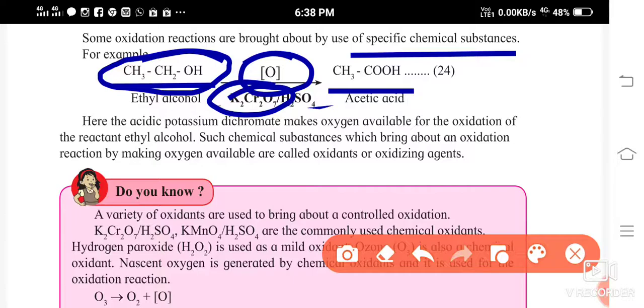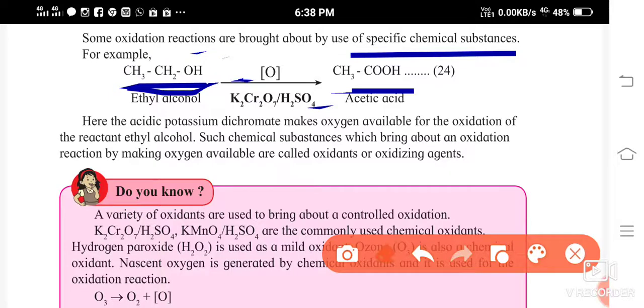Such chemical substances which bring about an oxidation reaction by making oxygen available are called oxidants or oxidizing agents. Such substances which make oxygen available for the reactant for the process of oxidation, we call them oxidizing agents.